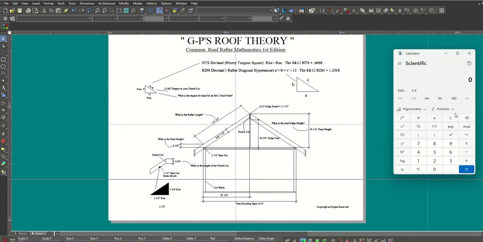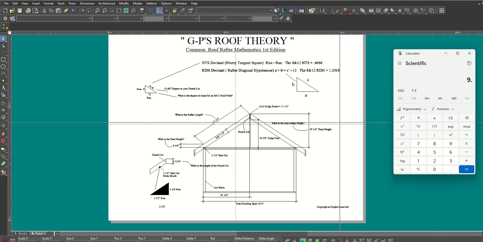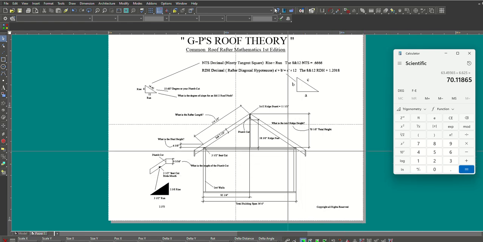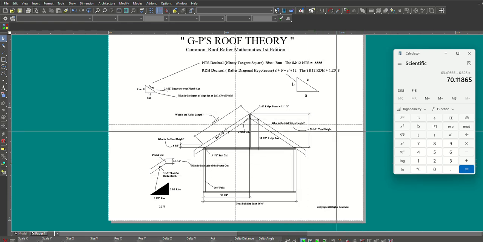So to solve this total height, I take 95.25 times 0.6666 equals a height of 63.5 inches, plus the heel height, 6.625, equals a total height from plate to top of ridge of 70 1/8. I was having a little glitch with my computer there.